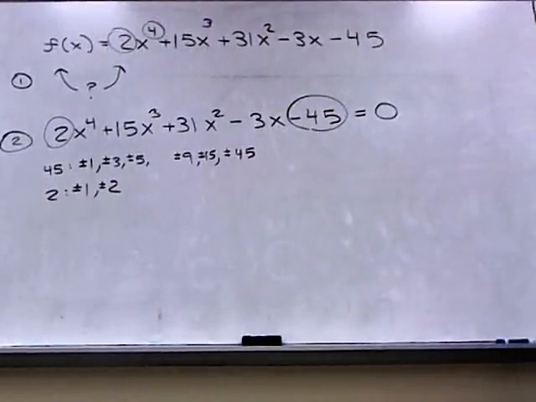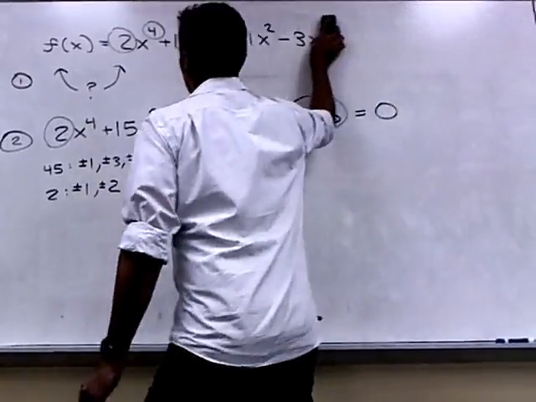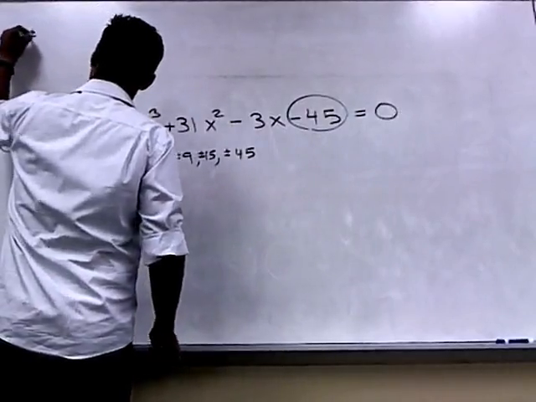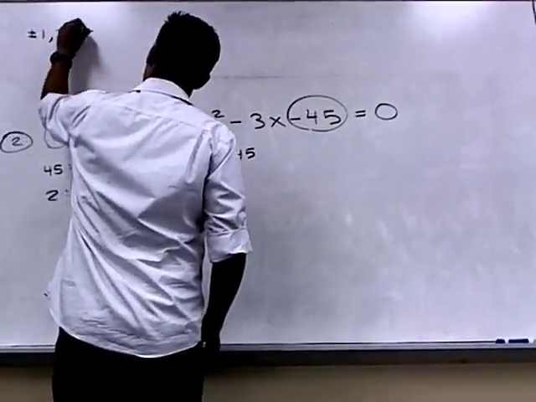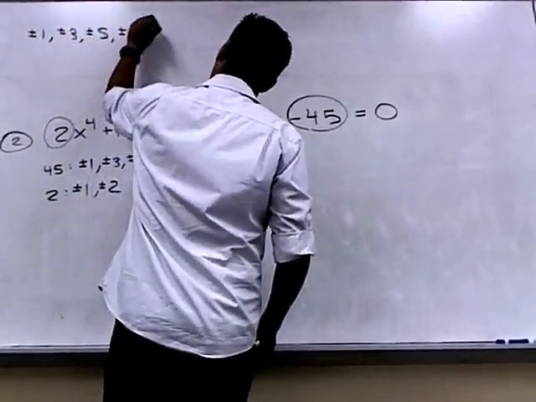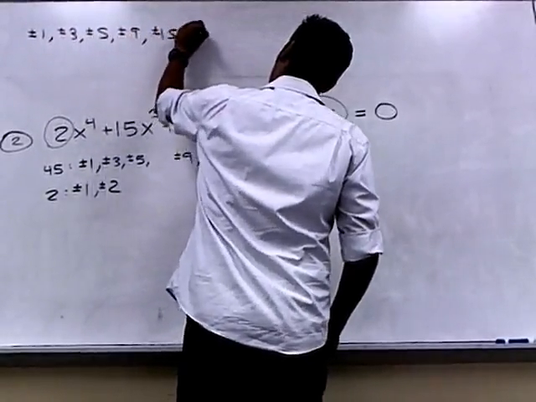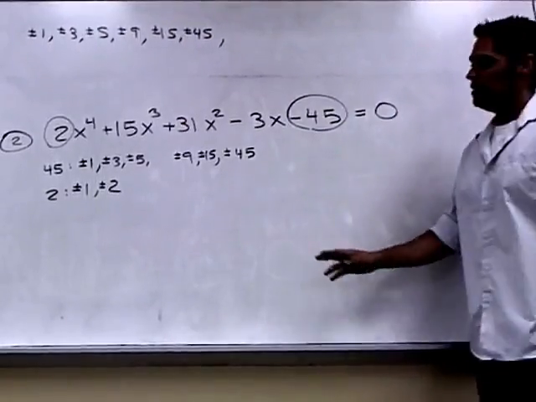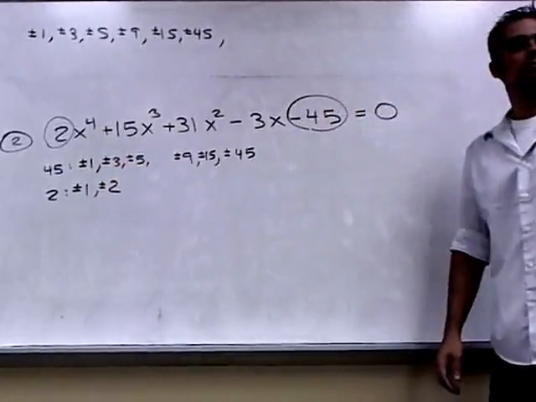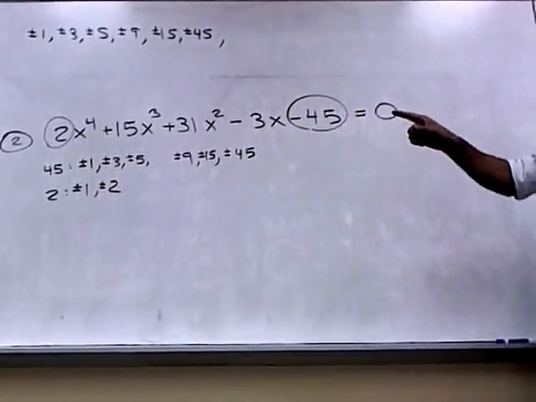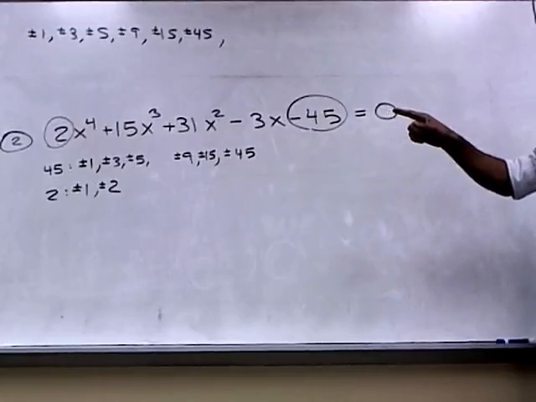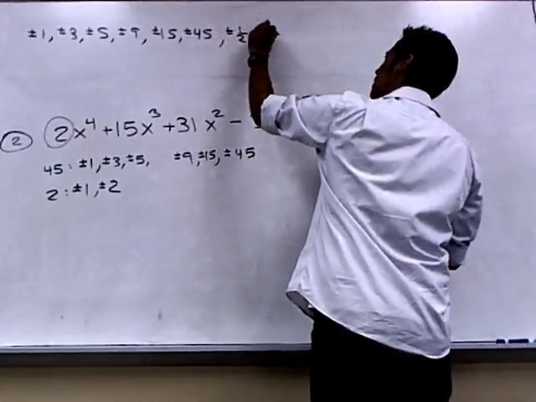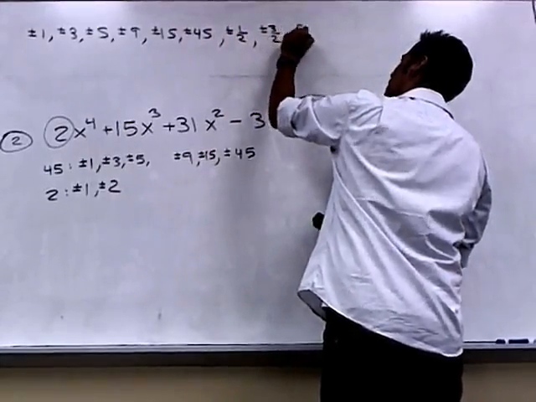So now our final list, I'll put it up here. Our final list will be the original list that we had for 45, and then, in addition to that, every one of these numbers divided by 2, which would give us what? 1/2, then 3/2, then 5/2.